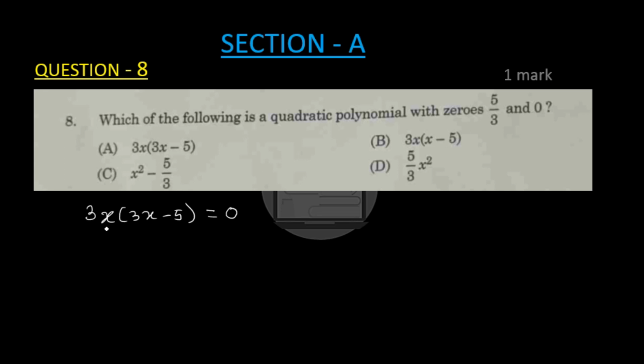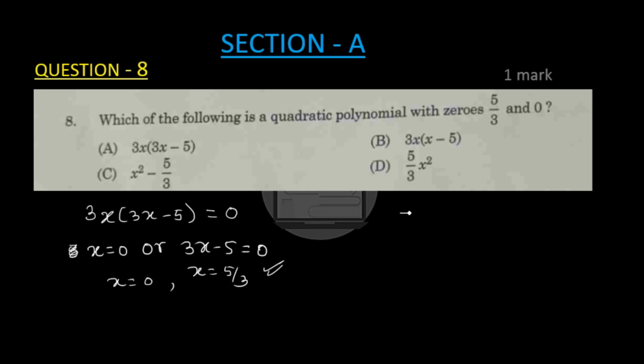So from here, when is the product of the factors 0? When either x is 0 or 3x minus 5 is 0. Am I right? So from here we get x is equal to 5 over 3 and here x is 0, and hence the two zeros are 0 and 5 by 3. So our choice A is the correct answer.